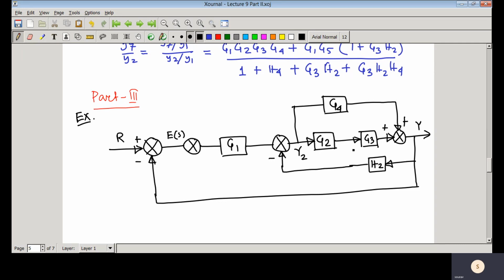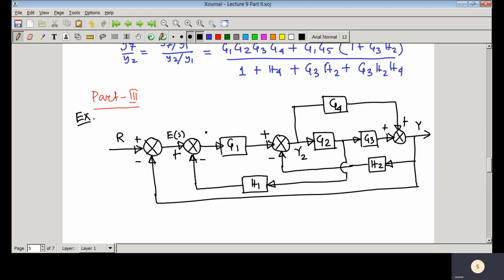Now from here, basically there are three loops. This is a closed loop control system, and we are trying to represent it by a signal flow graph.